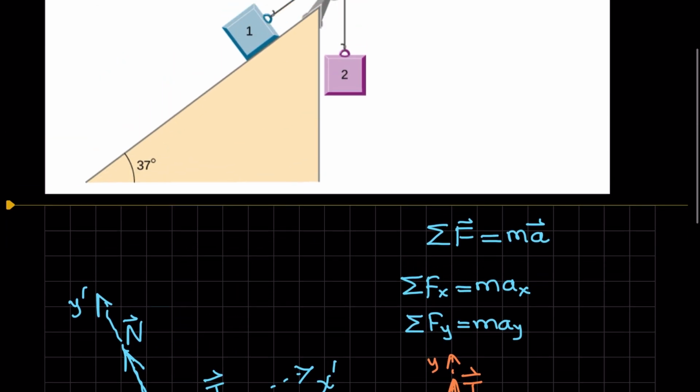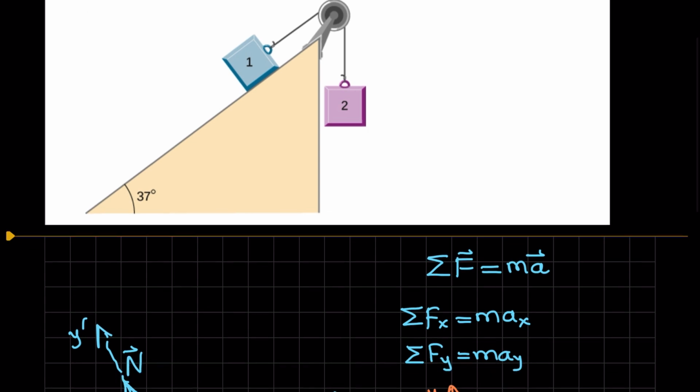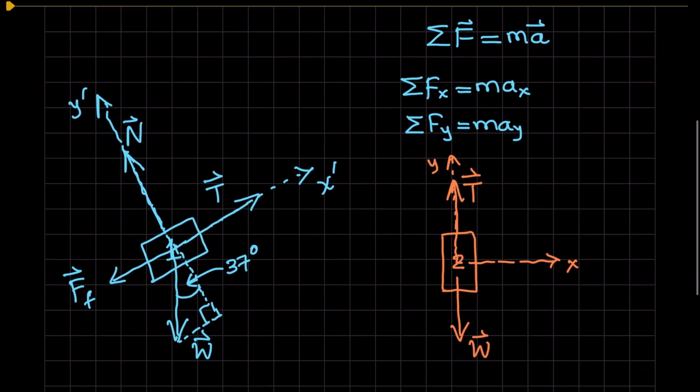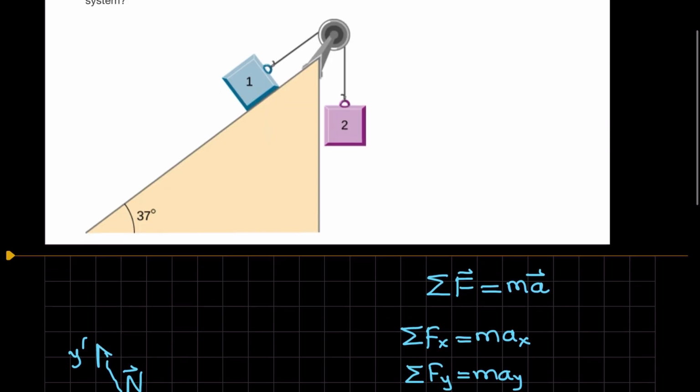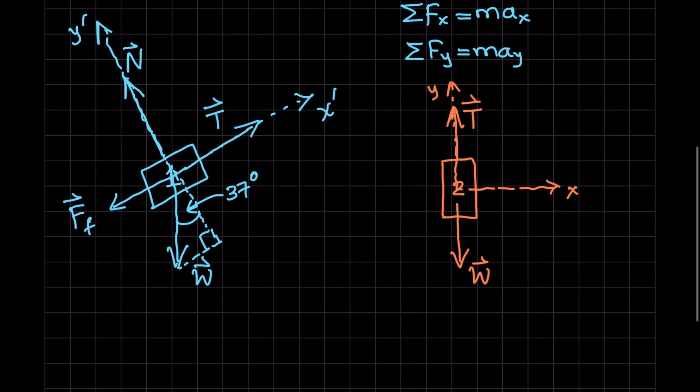It's not obvious by looking at this diagram that the 37 degrees as shown on the diagram is the same angle in the free body diagram. So I'm going to make a separate video of how to quickly identify that those two angles are the same. But for now, I'll show you that this angle is the same and move on, but I'll later explain why and how you can quickly identify that angle is the same for yourself.